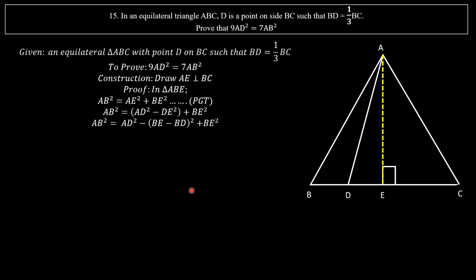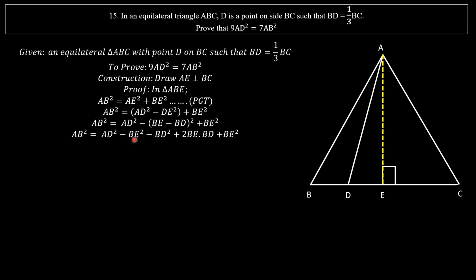Replace AE square by this plus BE square as it is. Further, this DE is equal to BE minus BD. So replacing DE by BE minus BD, we are left with BE minus BD whole square plus AB square. To this we apply (a minus b) whole square. What we get?